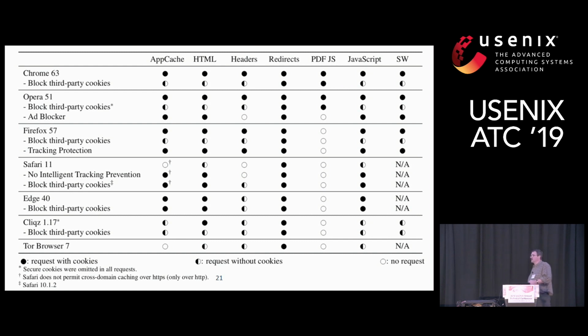I will not go into the boring reality of rushing through a number of results, but you will see, both for the browsers and the extensions, in light of the 7 categories of ways to bypass the protection that is imposed or prescribed by a policy, whenever there's a black circle, it means that a request with cookies, third-party cookies in this context, was able to be sent despite a configuration that was suggesting the opposite.